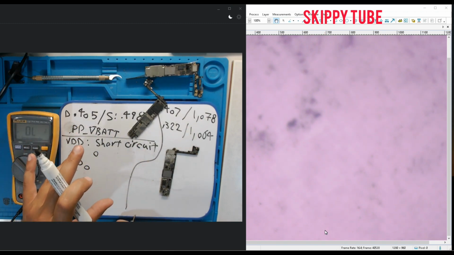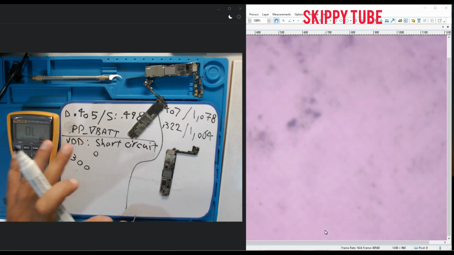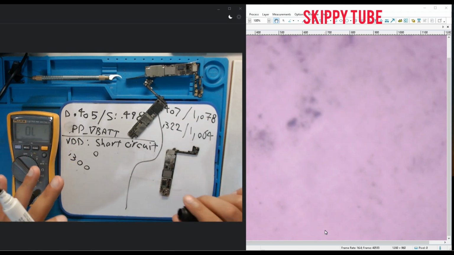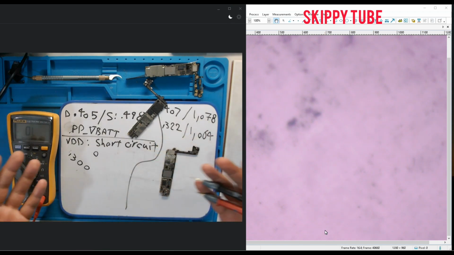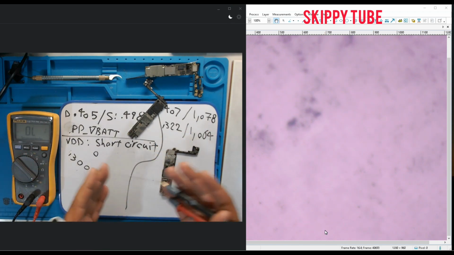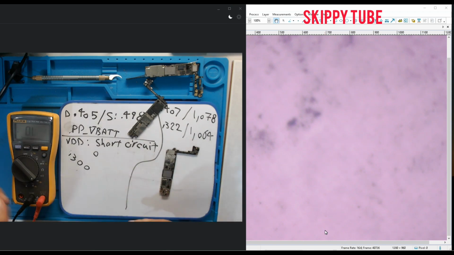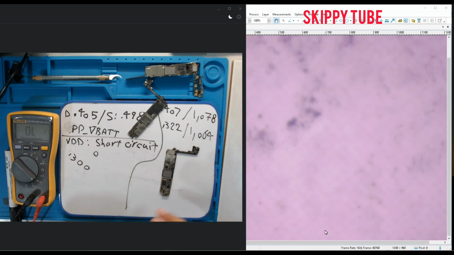But if it's more than 600, that means we can find the problem by multimeter. You need to use experience because it's not always full. 70% usually can find the issue by diode value and Skippy test.